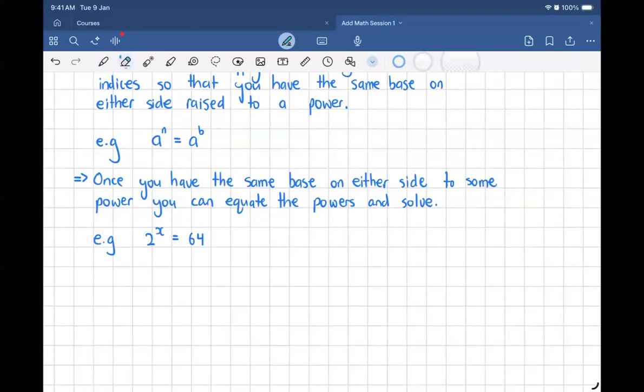Now, what you could also do is you could try to write 64 as 2 to some power. So I'm going to write back 2 to the power x. And does anybody know what power we would have to raise 2 to, to get 64? 2 to what power?